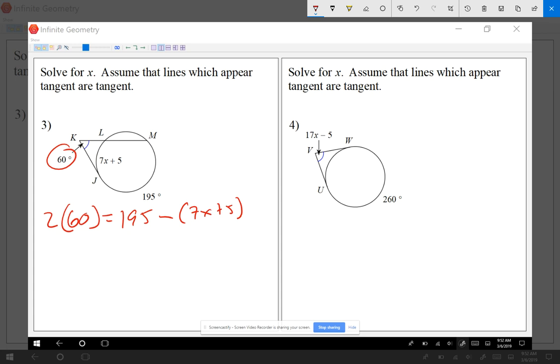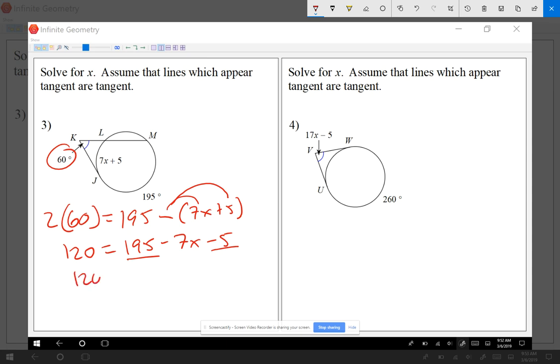All right, so now let me get rid of parentheses on the left. 2 times 60, that gives me 120, is equal to 195 minus 7x minus 5. On the parentheses on the right side, I distribute the negative. Thus, I have minus 7x minus 5. I see that I can combine 195 minus 5.